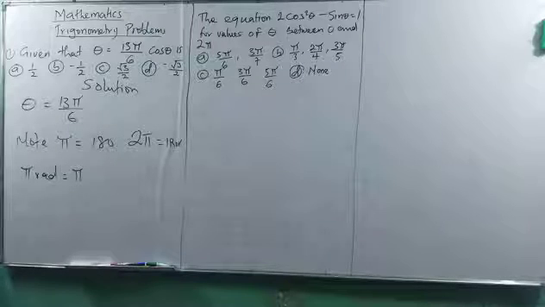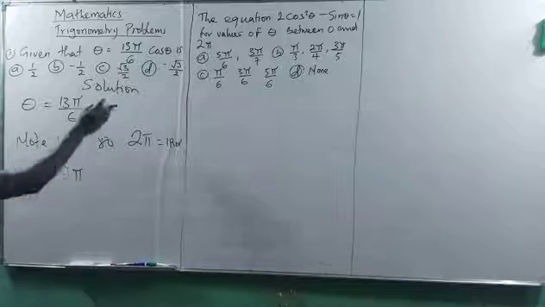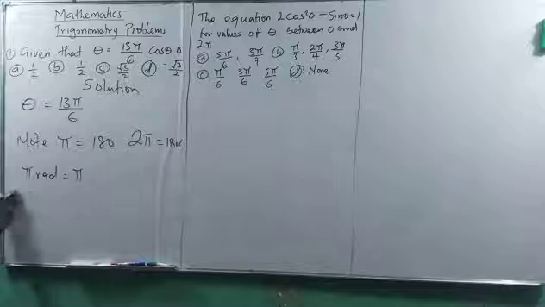Since that is the case, for cos theta, this is greater than 180, because can you see that 13 pi over 6 is greater than 180?